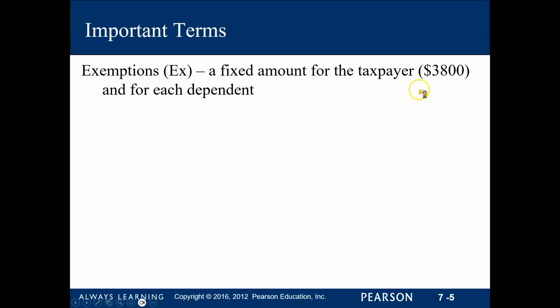So for each taxpayer and each dependent, the exemption amount is $3,800. The number of exemptions will depend on the taxpayer's status and if that person has dependents. So each dependent is worth $3,800.